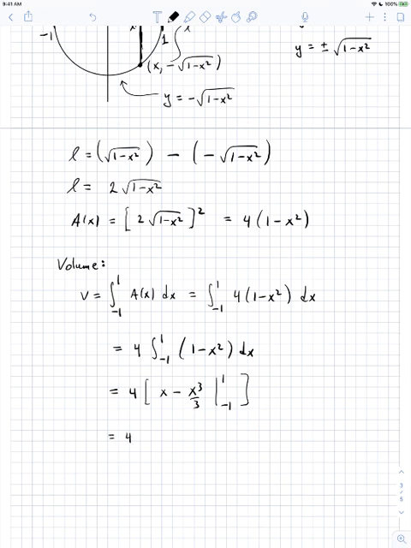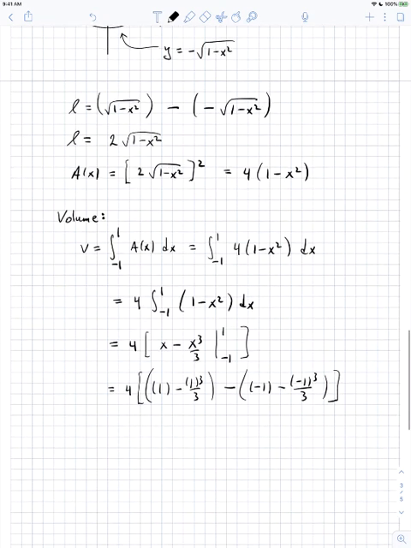Okay, so this is going to be 4 times, if I plug in the 1, I'm going to have 1 minus 1 cubed over 3, minus, and now we plug in the minus 1. Now it's just a matter of working out what all this is. This is 1 minus 1/3, which is 2/3.